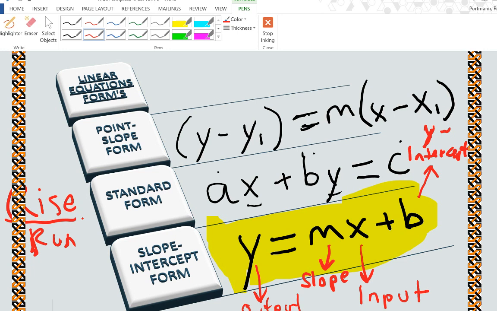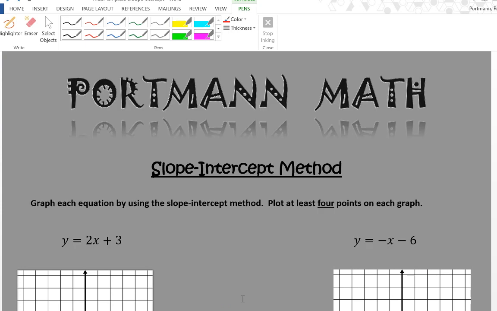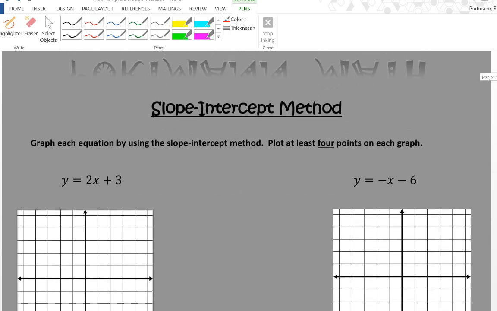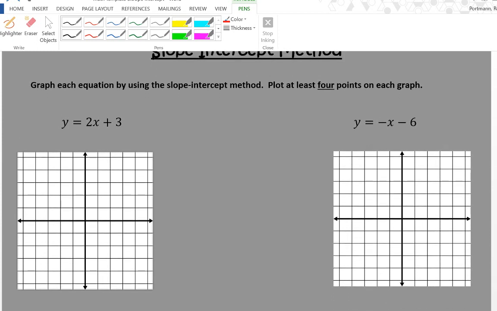Let's go and answer a few questions, and we'll look through the steps of how we do this. We're looking at the slope-intercept method. We're going to graph each equation using the slope-intercept method, and we're going to plot at least 4 points on each graph. So here, this is how it goes.